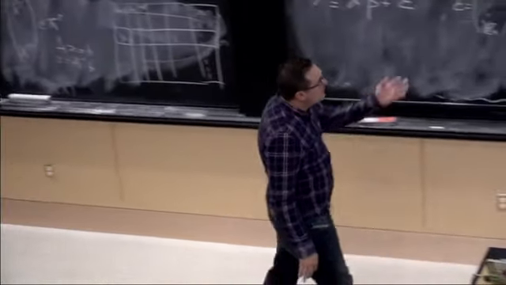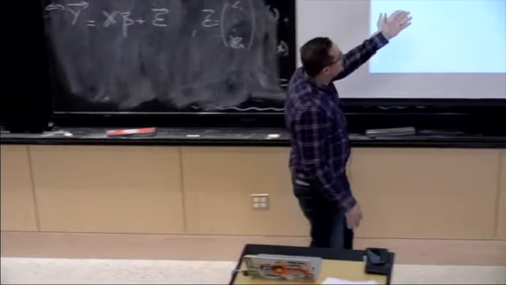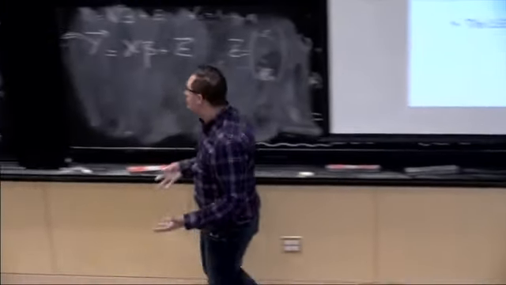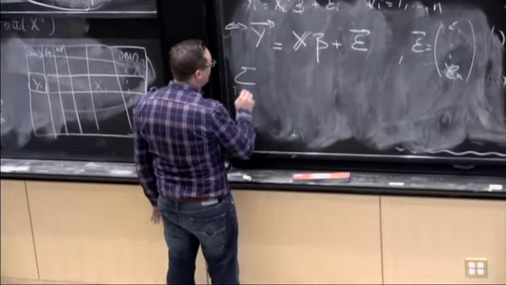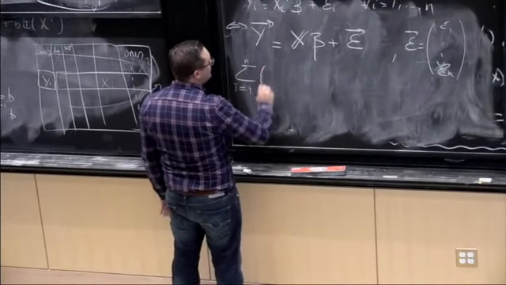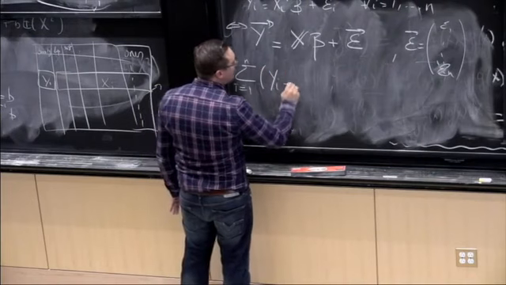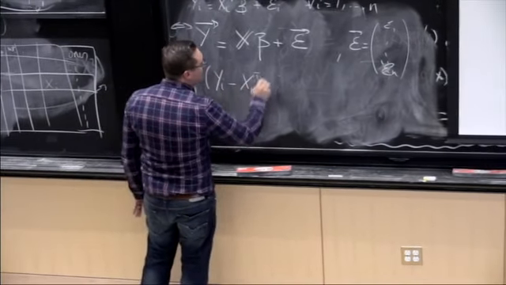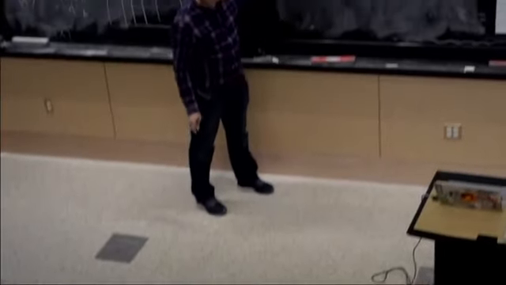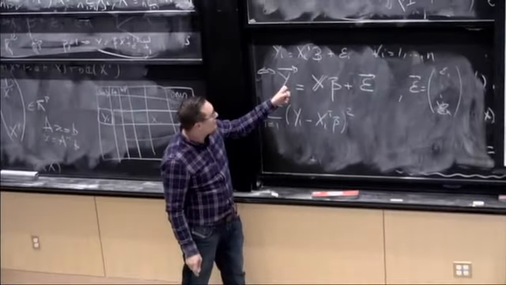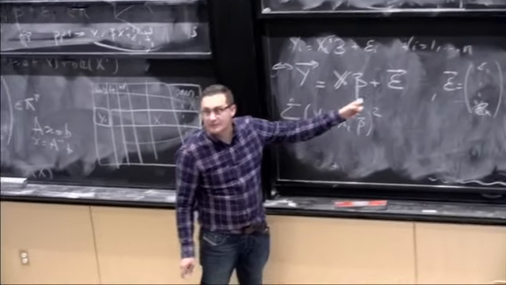So now that I have this model, this is the usual least squares model. And here, when I want to write my least squares criterion in terms of matrices, my least squares criterion, remember, was the sum from i equal 1 to n of (yi minus xi transpose beta) squared. Well, here it's really just the sum of the squares of the coefficients of the vector y minus X beta.